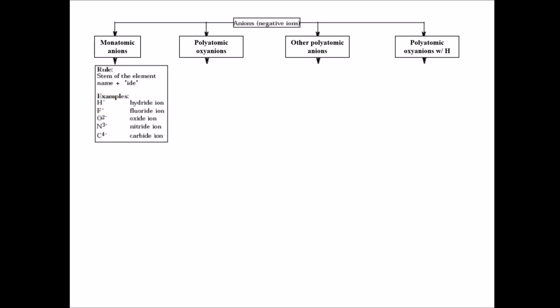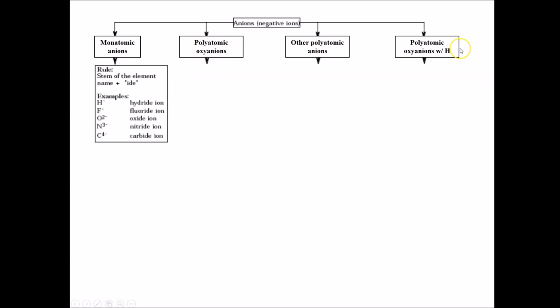If you were calling F negative, you wouldn't call it fluorine, you call it fluoride. O negative 2 is not oxygen, it's oxide. So that's the one thing we have to remember. If it's the negative anion, and it's just one element from the periodic table, one nonmetal, we have to change the ending to "ide."